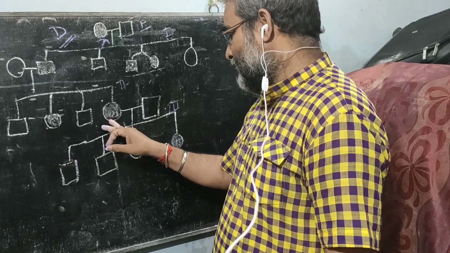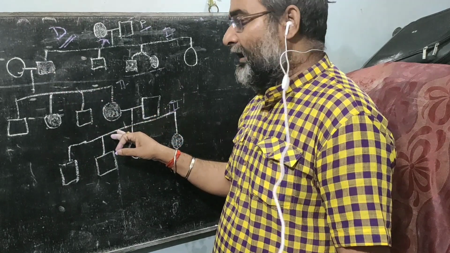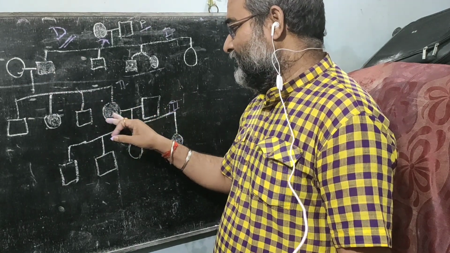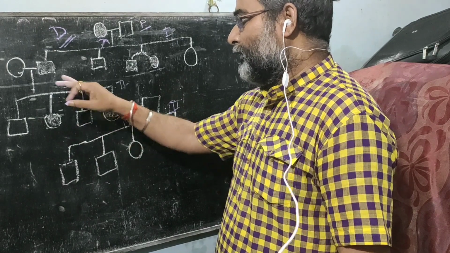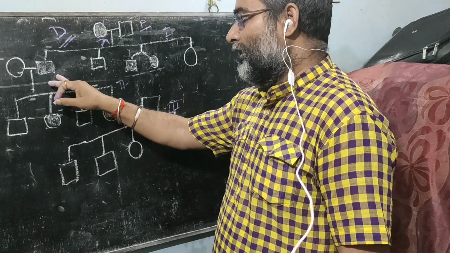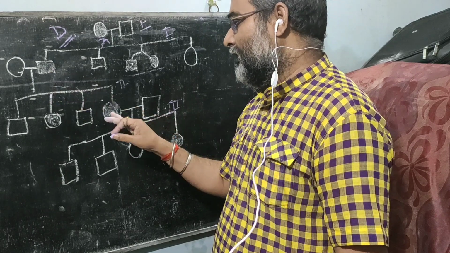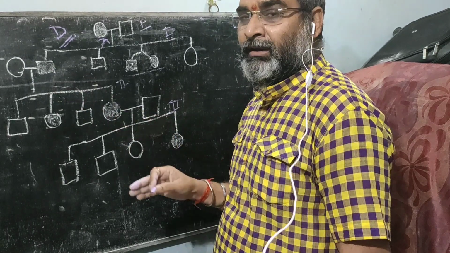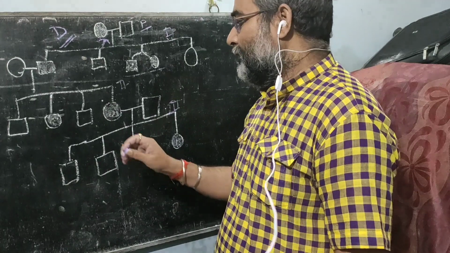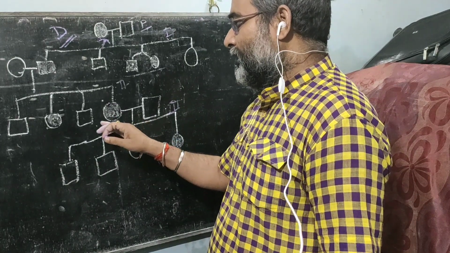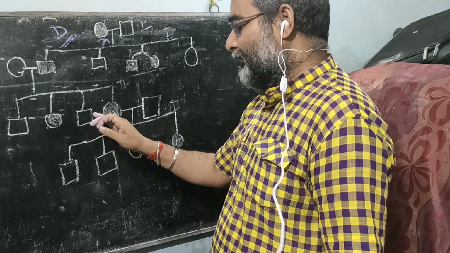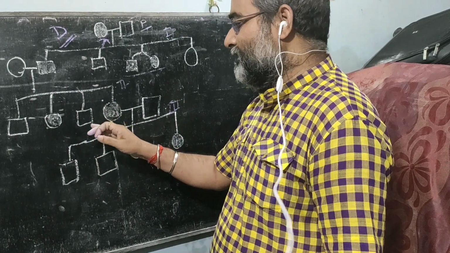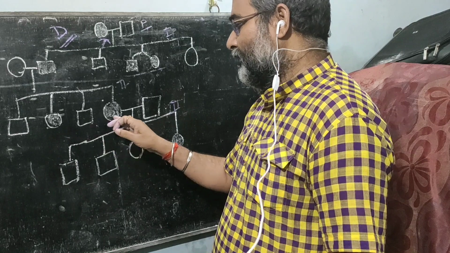This clearly indicates that the trait comes to the daughter from the father, because only the X chromosome of the father comes to the daughter. If it were autosomal, there would be a chance of affected appearance in both males and females.